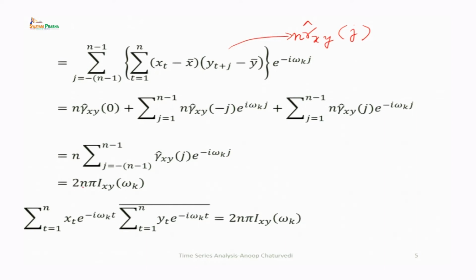And this is actually equal to 2 n pi I x y omega_k. So, summation over t x_t e to the power minus i omega_k t, summation over t y_t e to the power minus i omega_k t, then conjugate of this is equal to 2 n pi I x y omega_k.